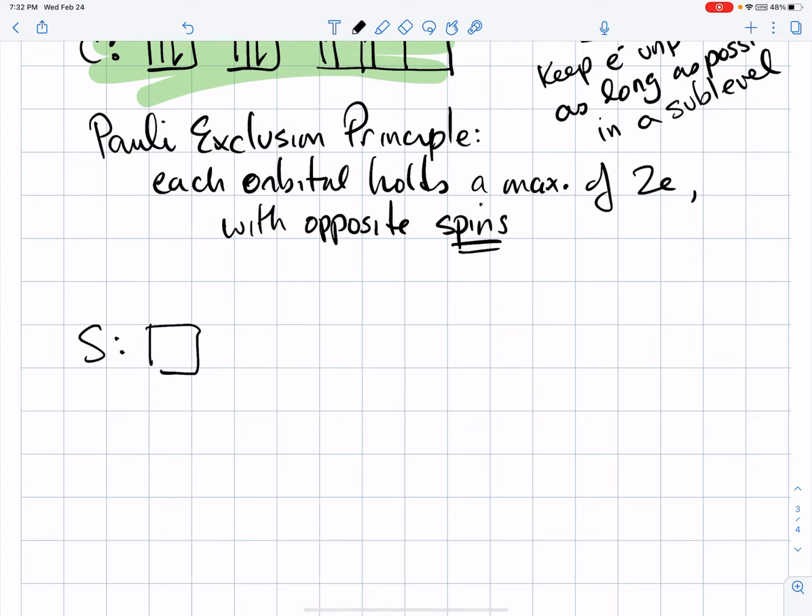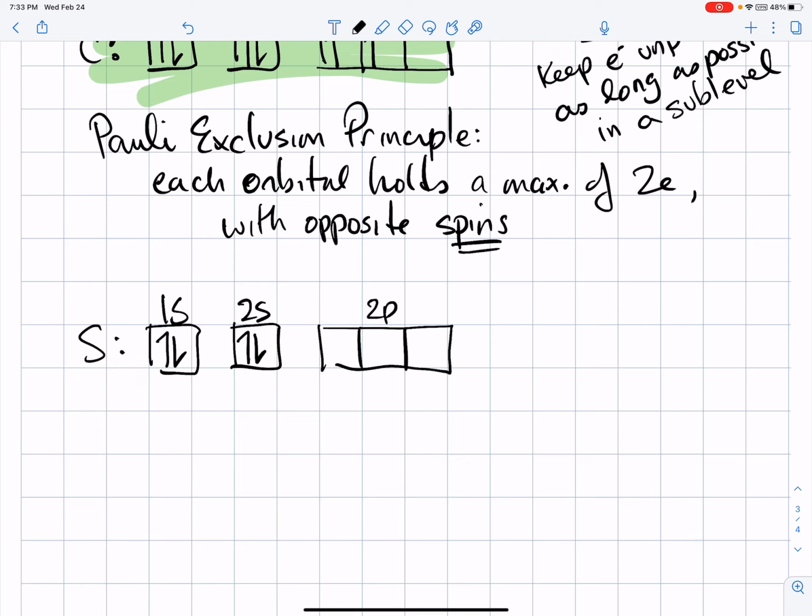Sulfur is going to need 1s, and it's going to have 2 electrons there, so 1s2. Then it has 2s. It's going to have 2 electrons here, 2s2. Then it's going to have 2p, 3 boxes because there's 3 orbitals.